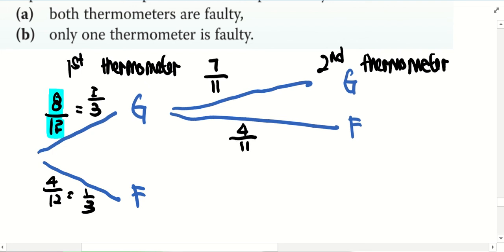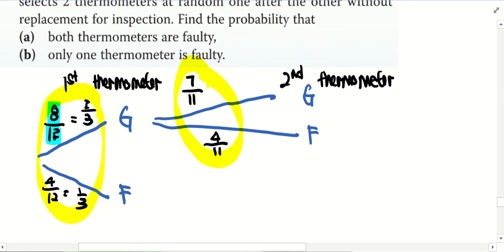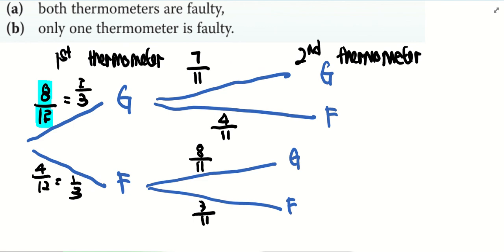Okay, I'm going to tell you right now. Every branch will always sum up to 1. We learned that previously. Can you see this one will sum up to 1? Likewise, this one must sum up to 1. Am I right? Because that's the total possible outcomes. Okay, can you draw the last branch yourself? So I'm going to solve the question now.